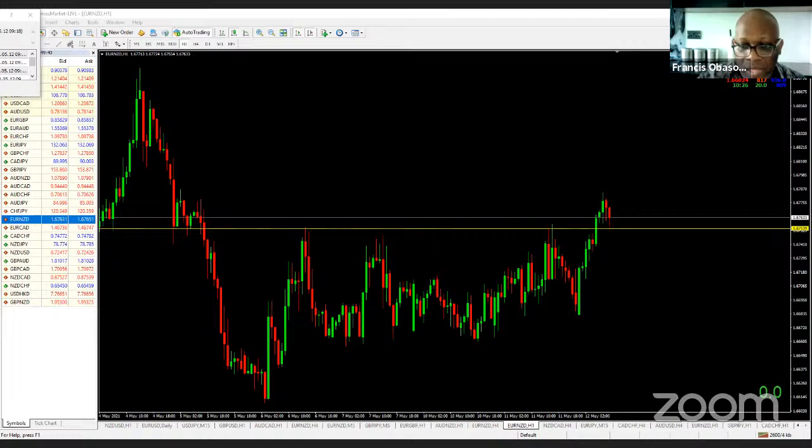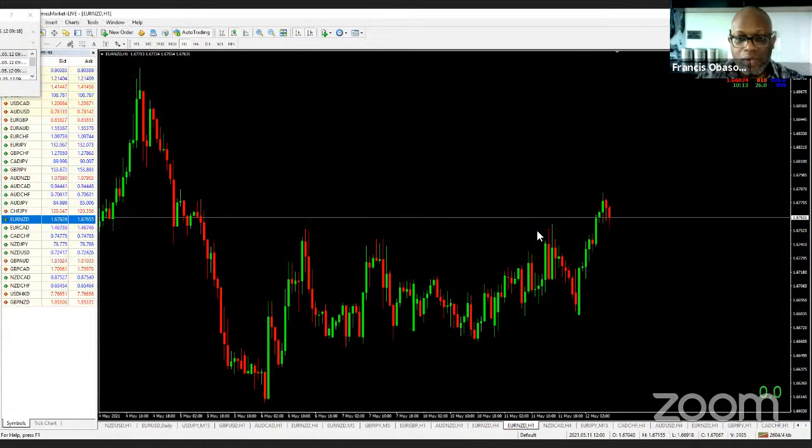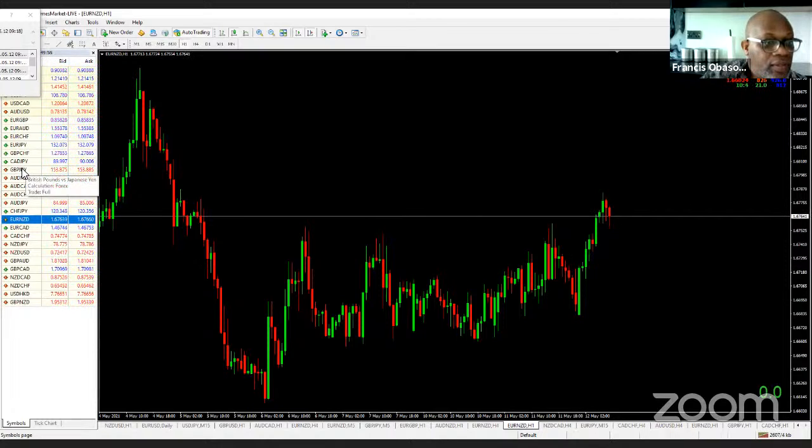Like I said earlier on, myself and members of the Generational Wealth Traders, we also love pound JPY. We love this pair, Euro New Zealand.